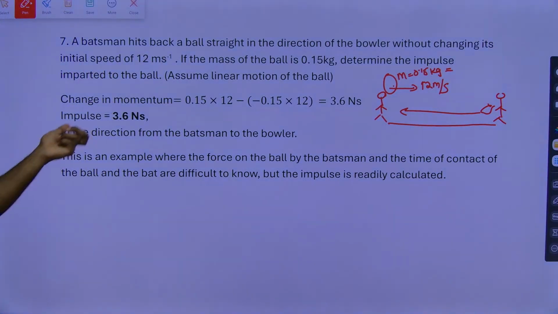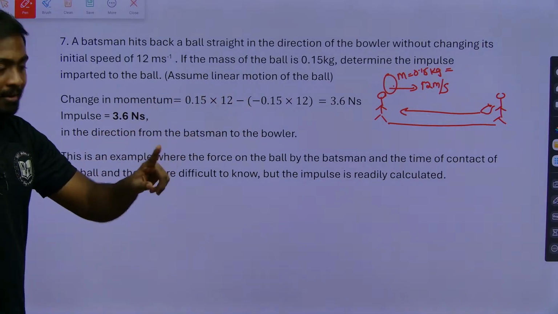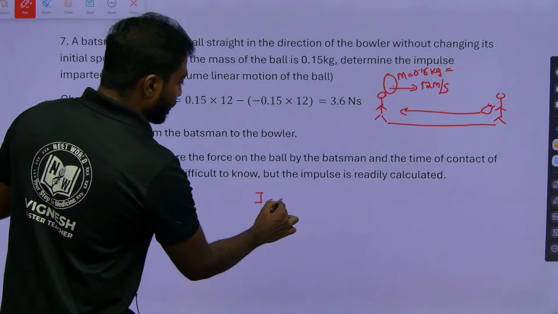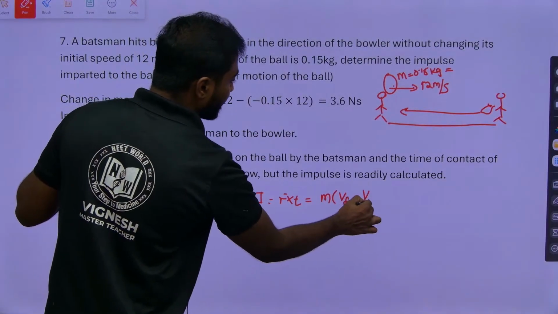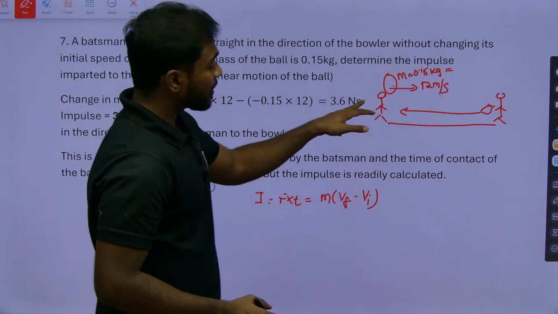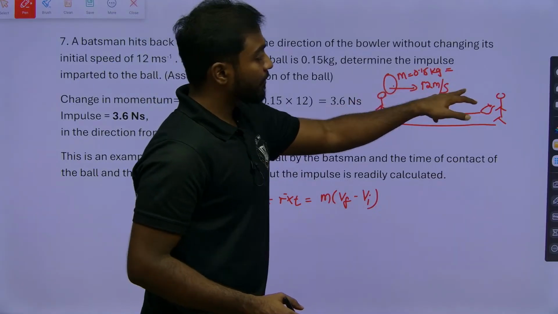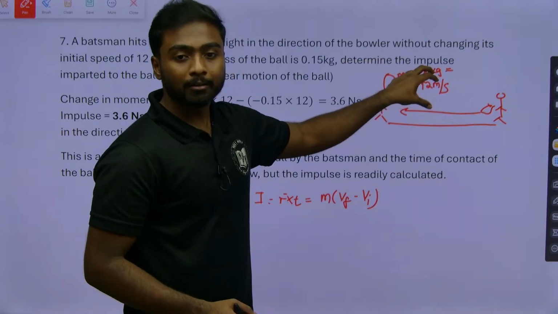Impulse is equal to force into time, or else mass into change in velocity, final velocity minus initial velocity. So here, there is a change in velocity, and one more thing we need to assume is the direction of the velocity.